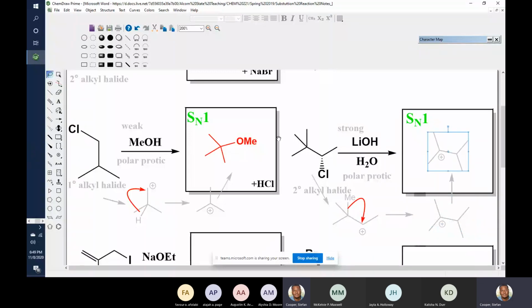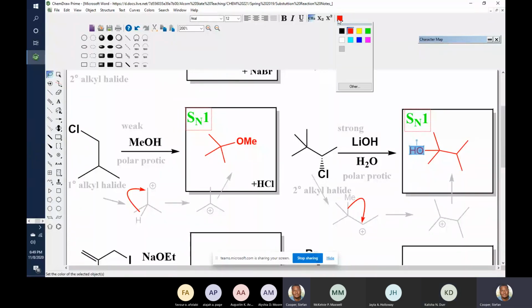So my product is going to be this compound here, right? Do I need to draw the wedges and dashes? Yeah, it would be racemic.